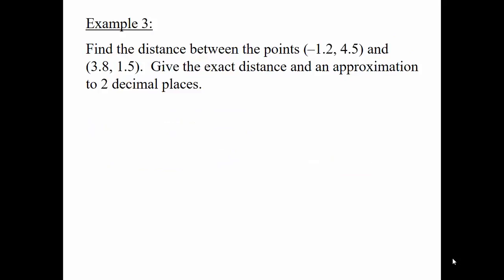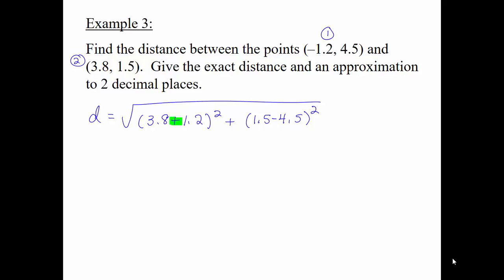You want the distance between these 2 points. Obviously, they're decimals, so your exact answer, probably they've got this calculated, so it's going to be a reasonable decimal, and then an approximation. So again, label point 1 and 2. So we have 3.8 plus 1.2 because it's minus and negative, and then 1.5 minus 4.5.